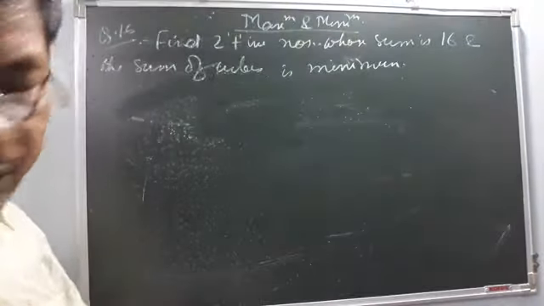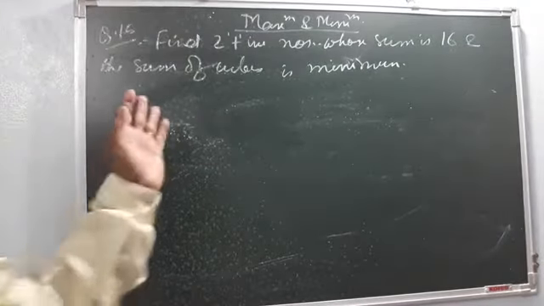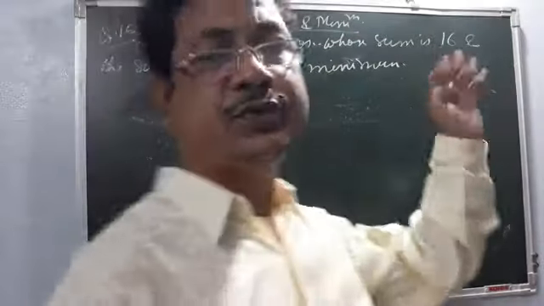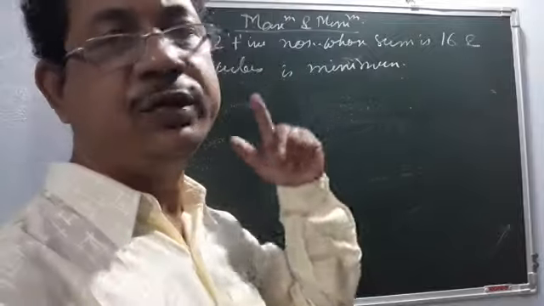So I have to find the two numbers whose sum is given as 16 and sum of their cubes is minimum.